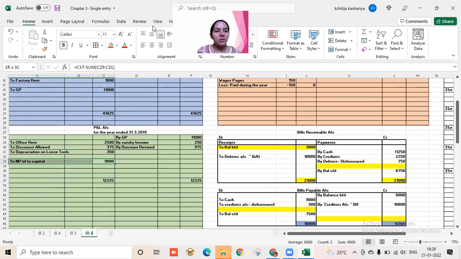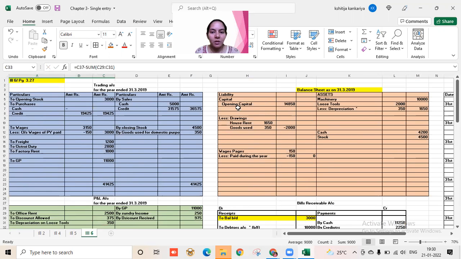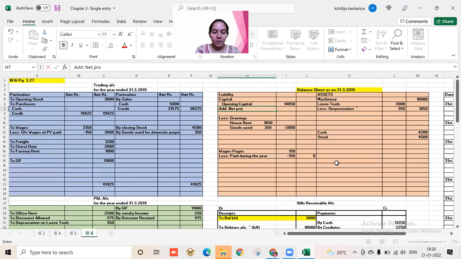That is 9,000. Transfer this to the balance sheet. Add into the capital. So add net profit 9,000. Okay. Now take the total to the inner column. Reduce the drawings. So this is the total 23,850. Reduce the drawing from it and then put it to the outer column.